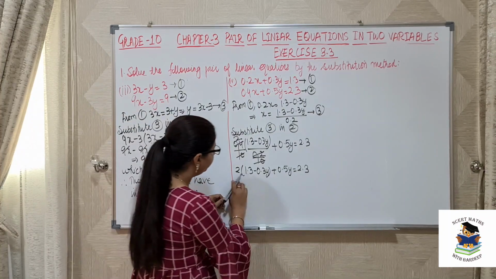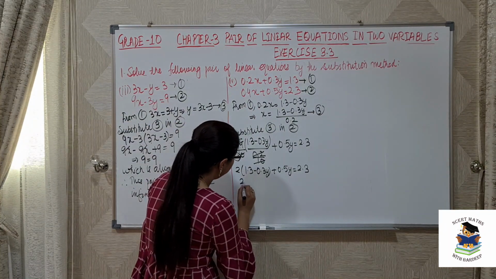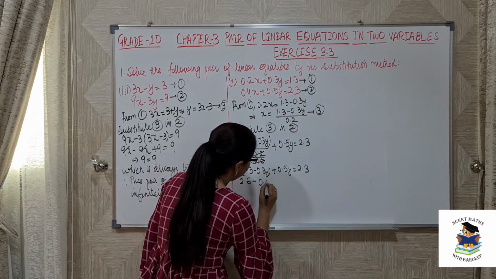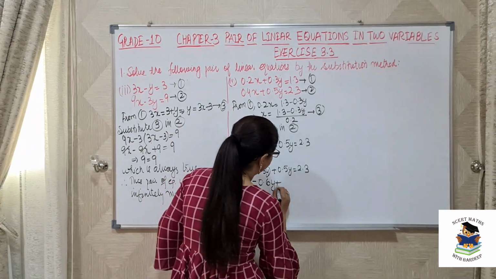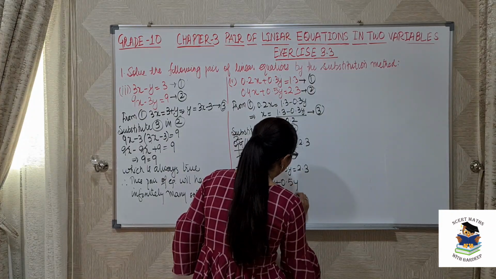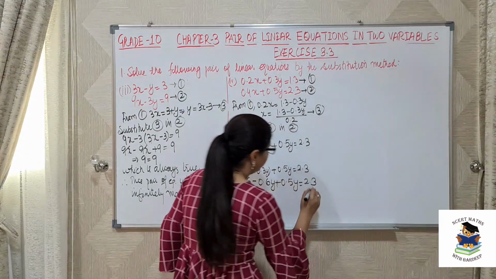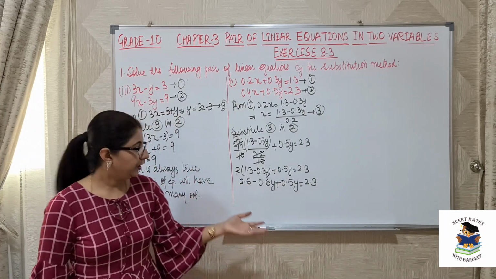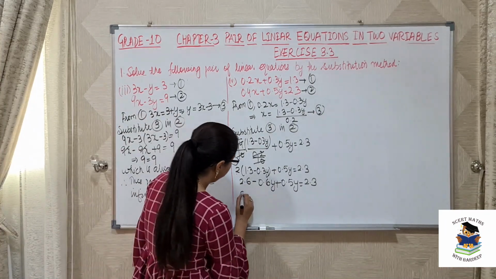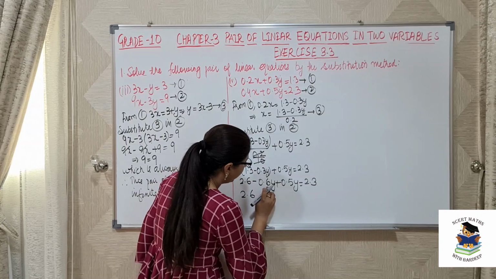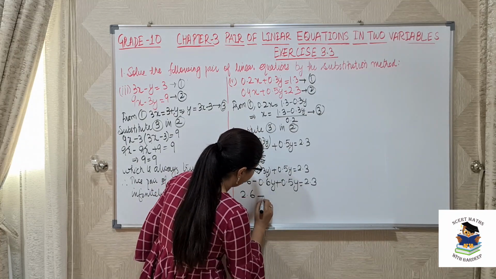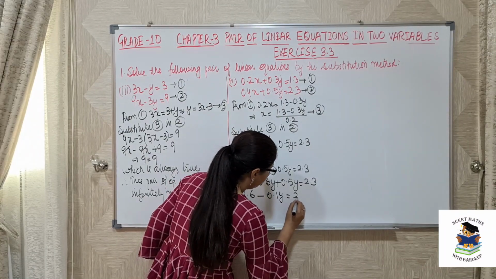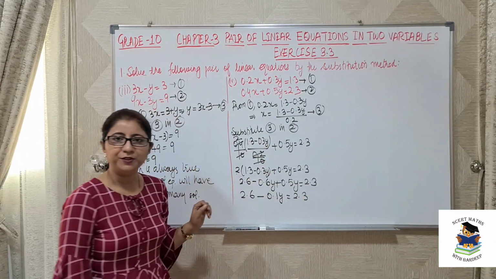Right? So let's open this bracket. 2 into 1.3 is 2.6. 2 into 0.3 is 0.6y, plus 0.5y is equal to 2.3. Again, this is a linear equation in one variable. So let's combine. This is 2.6 minus 0.6y plus 0.5y will give me minus 0.1y equals 2.3.